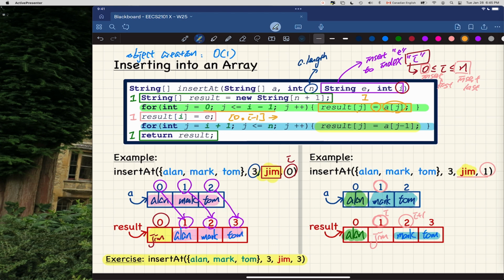So that would be exactly I iterations. We know that I in the worst case is going to be n. So that means in the worst case, it's going to be n iterations. Right? So this is very crucial for you to realize over here. Okay, so that's the number of iterations for the first for loop.